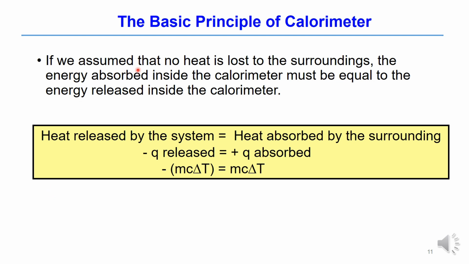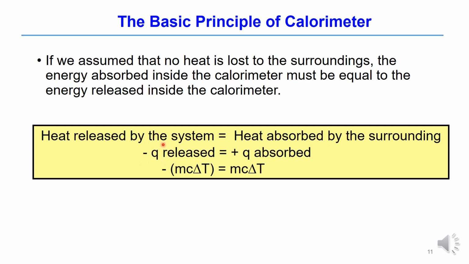If we assume that no heat is lost to the surrounding, the energy absorbed inside the calorimeter must be equal to the energy released inside the calorimeter. So we have this formula where heat released by the system is equal to heat absorbed by the surrounding.